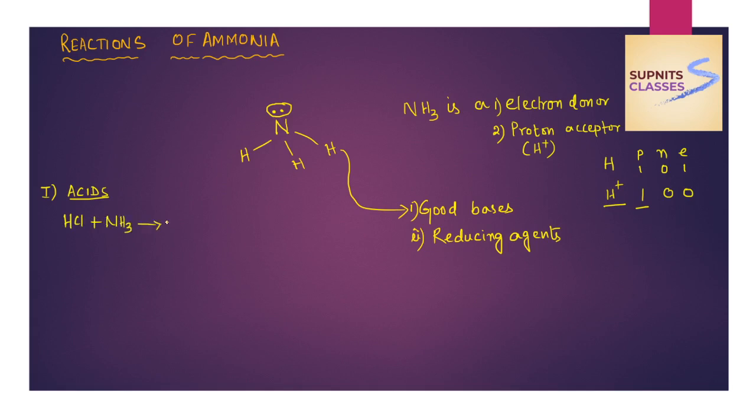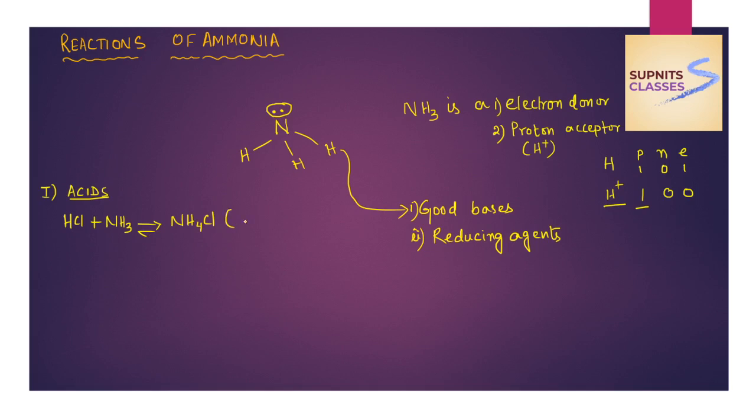It will give you nothing but NH4Cl. This is a reversible reaction. This reaction is very important and used as a test for both ammonia and HCl. Okay, so it is a salt, definitely acid plus base will give a salt. So this shows basic nature of ammonia.